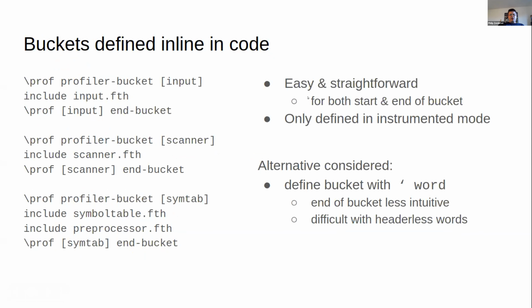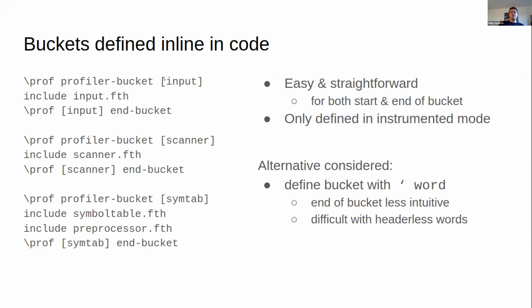For instrumenting the code, I ended up with a method to define buckets inline in the code. They're all prefixed by this /prof word, which usually is a comment, so this is only activated when I'm running in profiling mode.